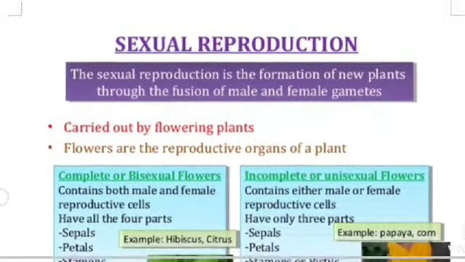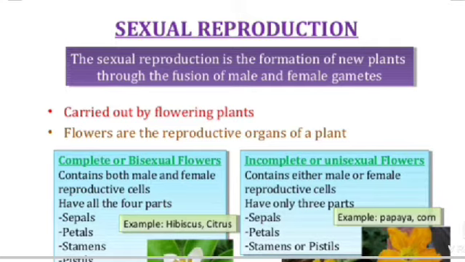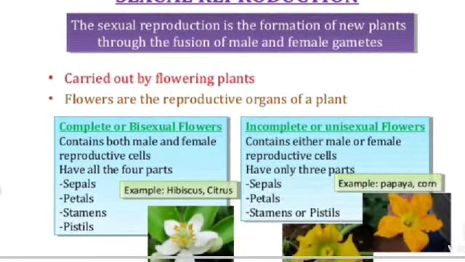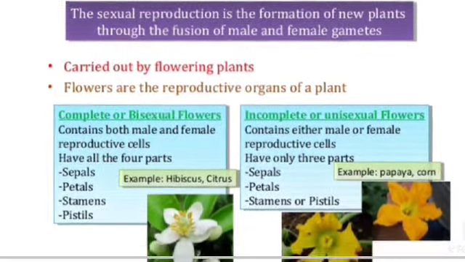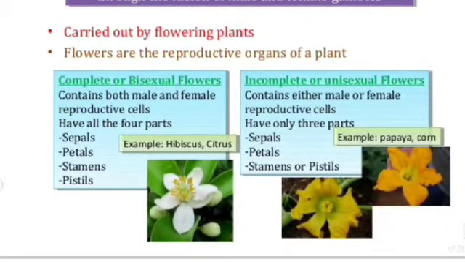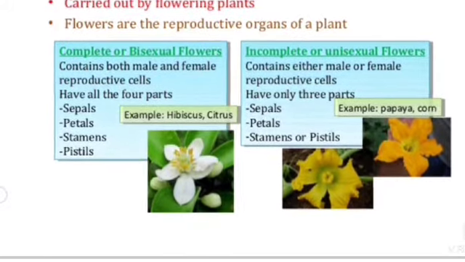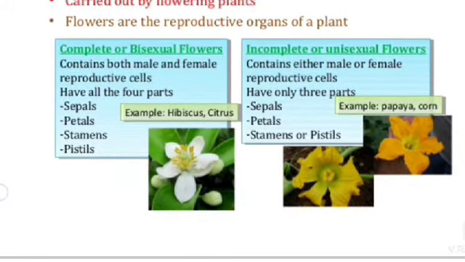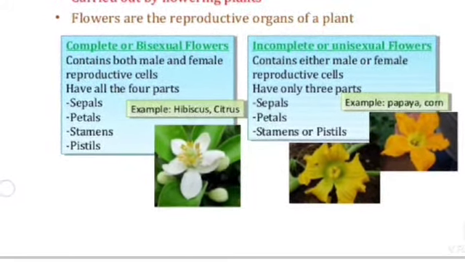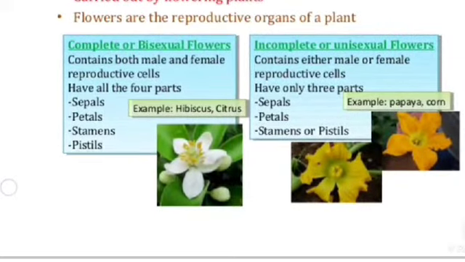Sexual reproduction. Sexual reproduction is the formation of a new plant through the fusion of male and female gametes, carried out by flowering plants. Flowers are the reproductive organs of plants. Complete or bisexual flower, incomplete or unisexual flower.